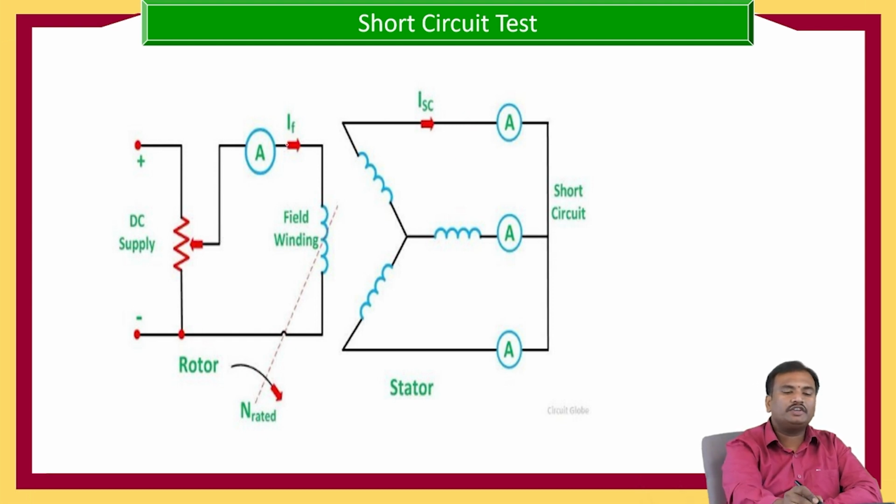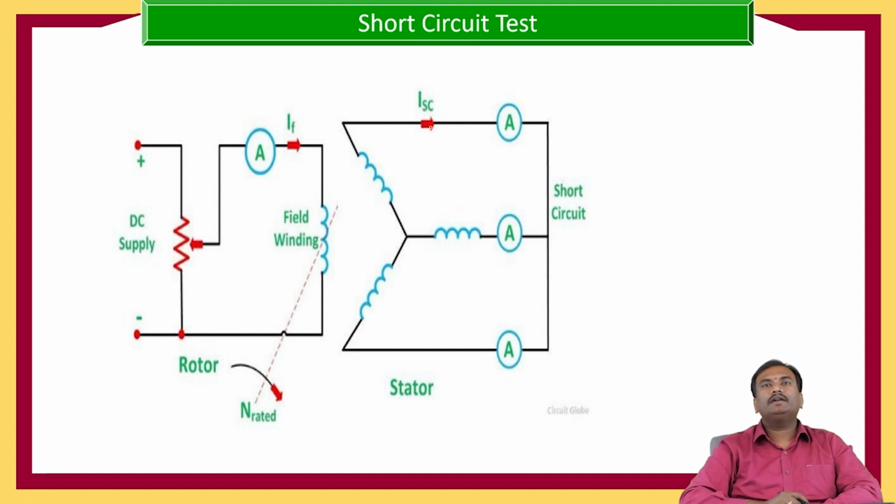When we change the field current, the short circuit current is going to change. In order to get the rated current, we have to apply full load values.